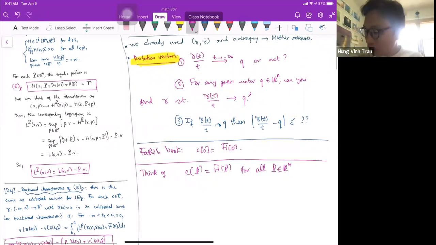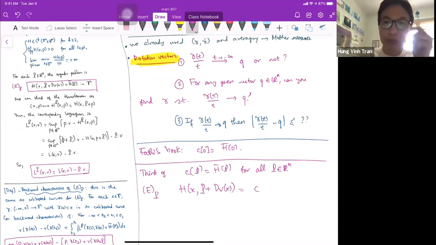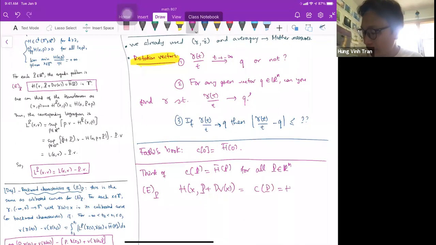So let me recall quickly what the ergodic problem is. In PDE, again, it's written on the left panel, but I'm explaining. Instead of thinking about the normal ergodic problem, which equals C(0), what you do is just shift your Hamiltonian with the big vector P. That's it, and this is equal to C(P) or H bar(P) on the torus.